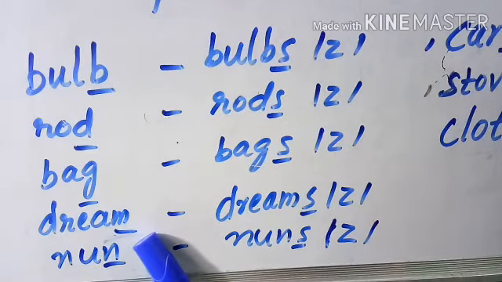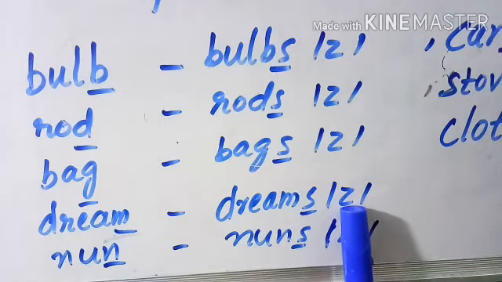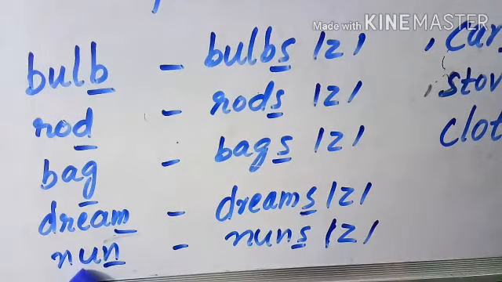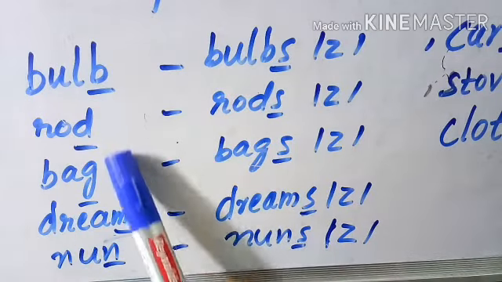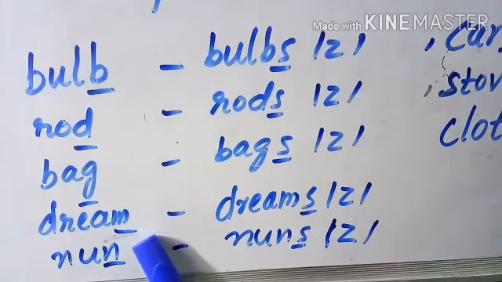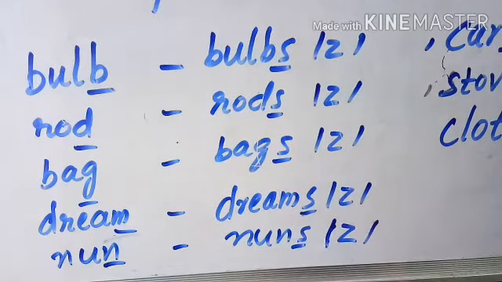Dream, voiced consonant, dreams. Next, N-U-N, nun. N-U-N-S, nuns. This is z. So in all these cases, when we have a voiced consonant at the end, the plural s becomes z, but not s.